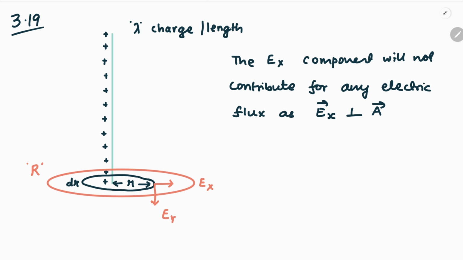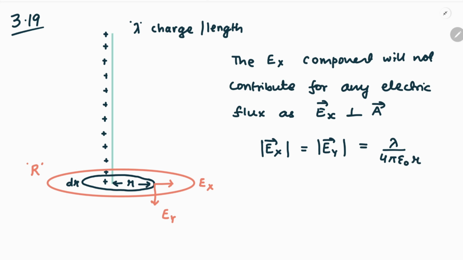So we will have another component Ey. Ex and Ey have the same value. We have seen in many of the previous problems that the magnitude of Ex and the magnitude of Ey is the same, and it is written as lambda upon 4 pi epsilon naught r.